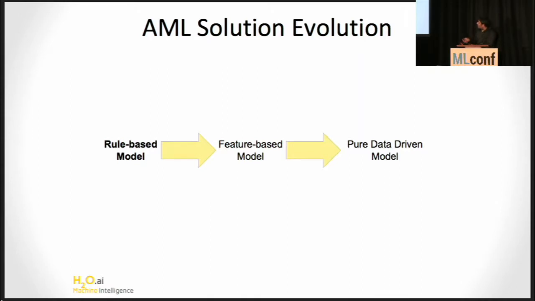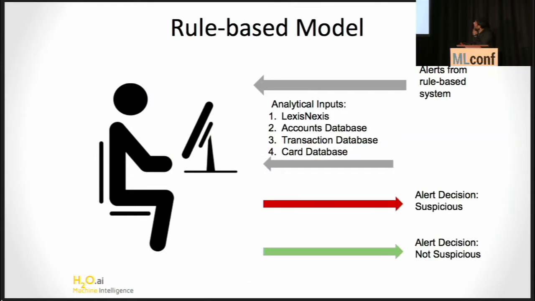And this is the solution that we prescribe, where basically from a rule-based system we go to a feature-based system, which is purely a tree-based model, and then we are looking at a pure data-driven model, which could be any kind of deep learning process or any other kind of modeling where we do not necessarily require all the data sources that we use for the features. So this is the current day design.